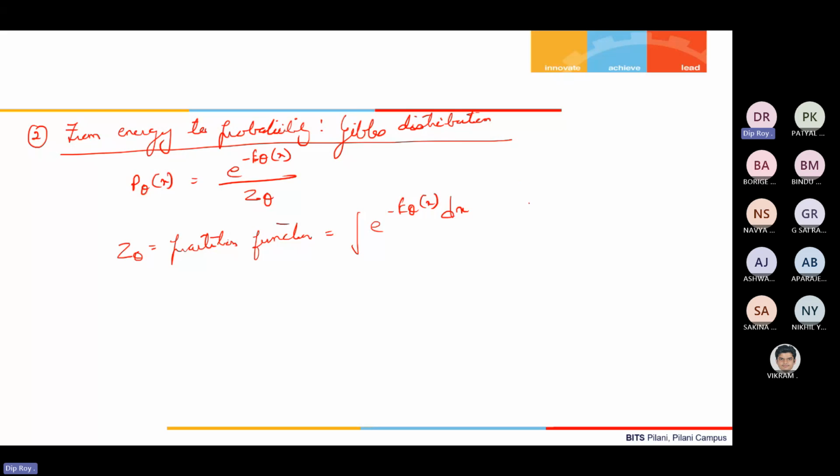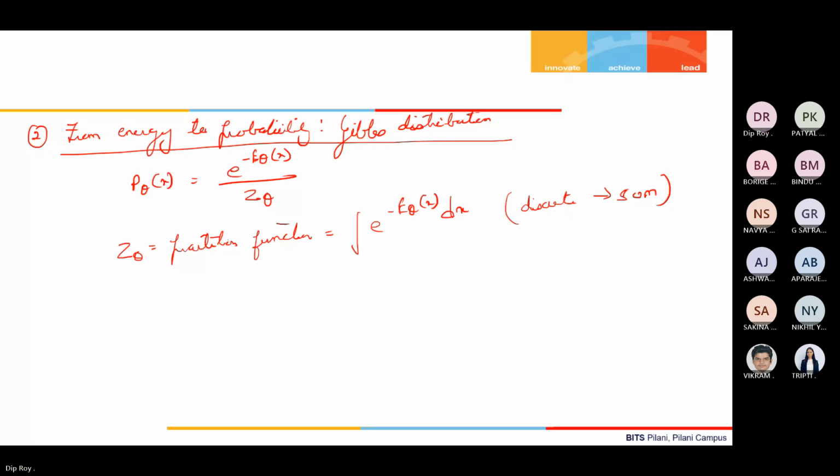This is the continuous case, and if it is discrete, it will be a sum. This ensures the normalization.